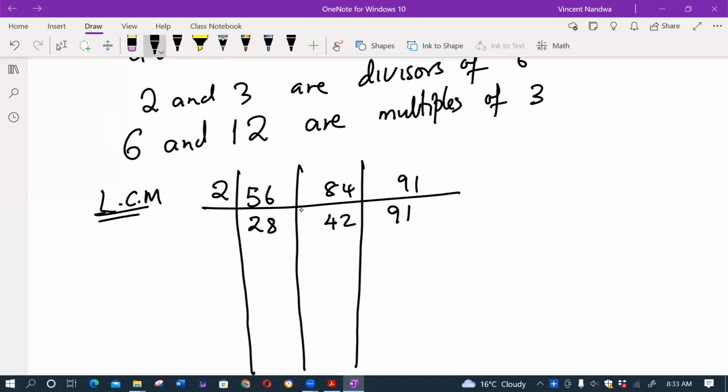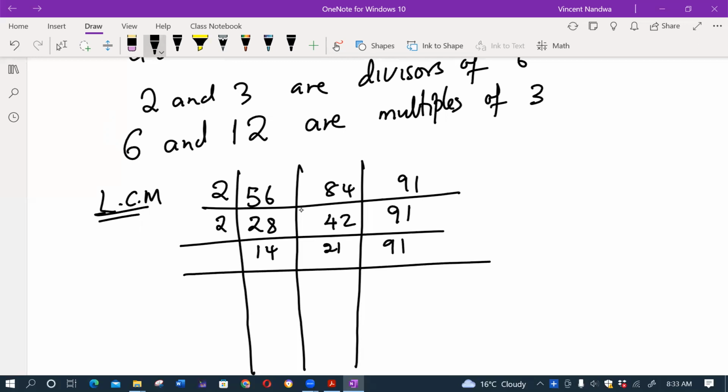Second step, get the least prime number that can divide any of these three numbers. So still 2, divides 28 into 14, this is 21, doesn't divide 91. Still 2 divides 14 into 7, 21 doesn't divide, 91 doesn't divide.